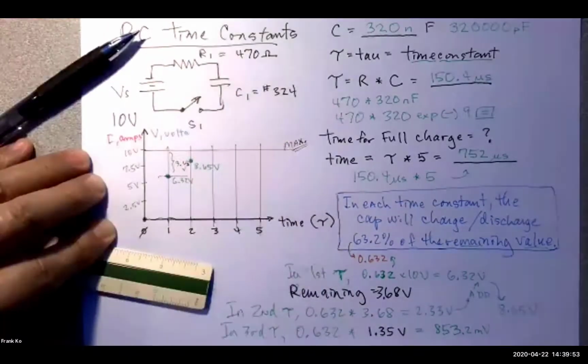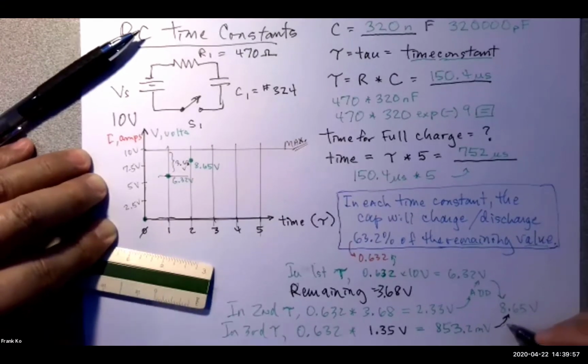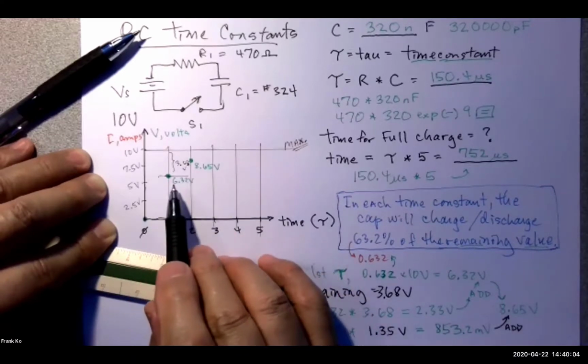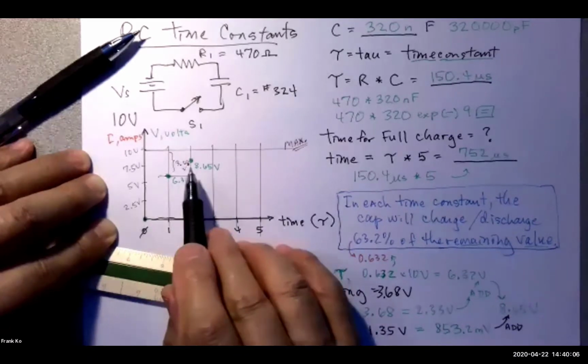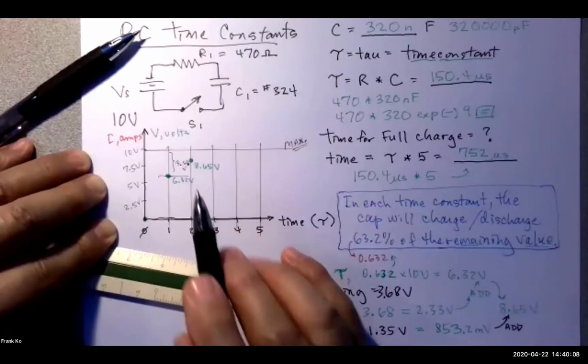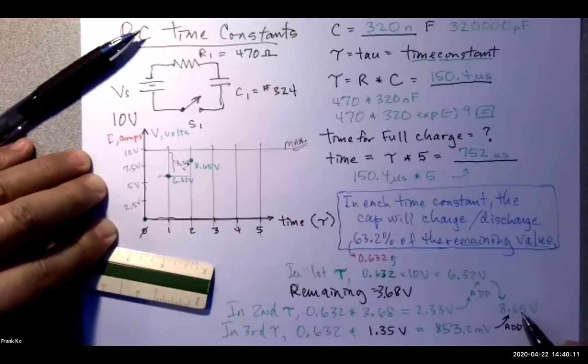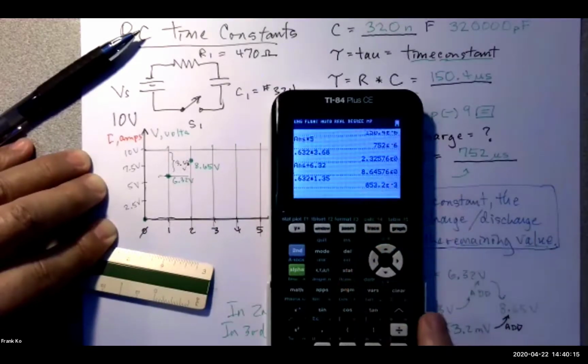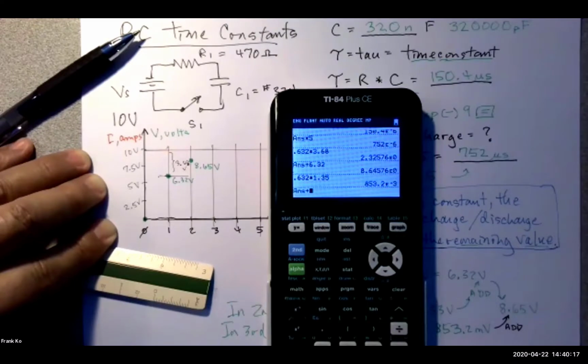That's how much more this will charge. Well, what are we going to do with this amount? We're going to shoot this up here and add to the previous plateau, because we have reached different plateaus along the way. The first plateau was 6.32 volts. The next plateau was 8.65. We have to add this incremental amount to the previous one. So there's my 853.2 milli, and I'm going to add that to 8.65. Boom. What do I have?